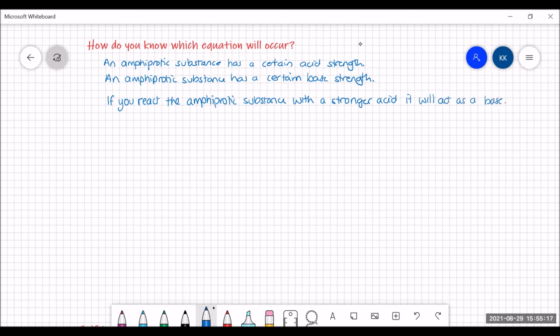And conversely, if you react it with a stronger base than it is itself, then it's going to act as an acid. So whether it is acting as an acid or a base will depend very much on what it's reacting with.